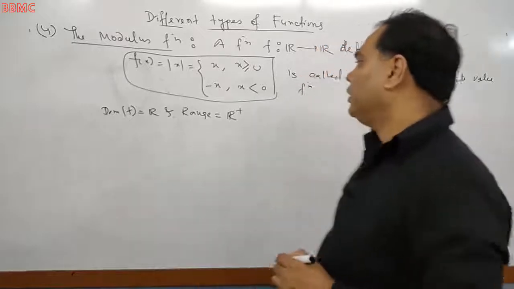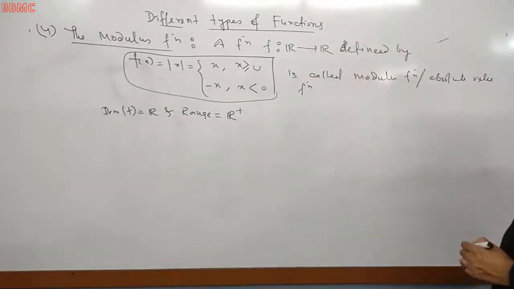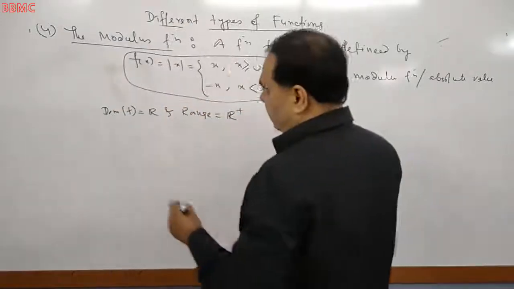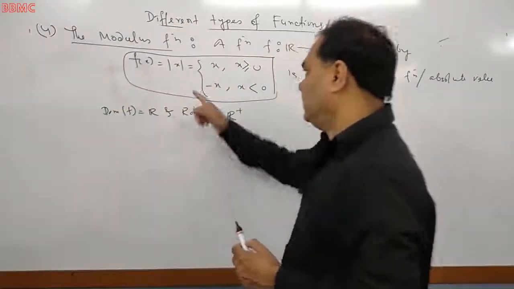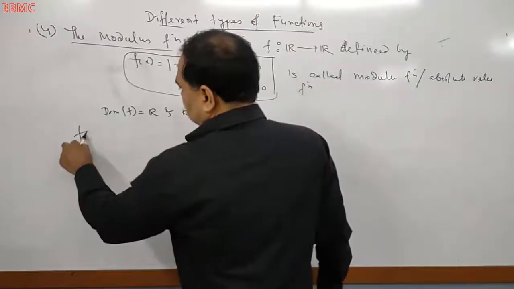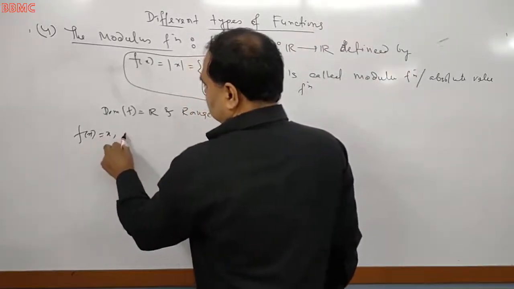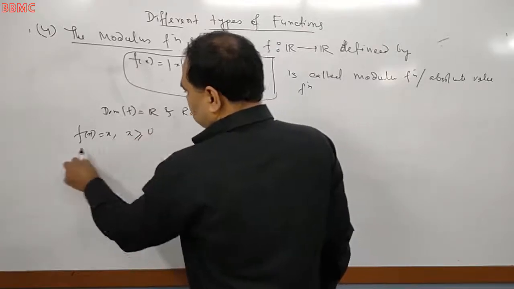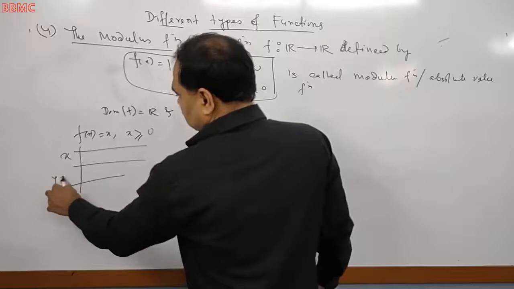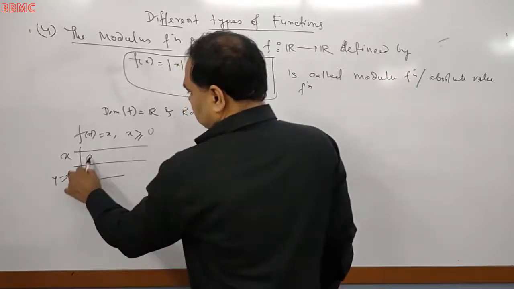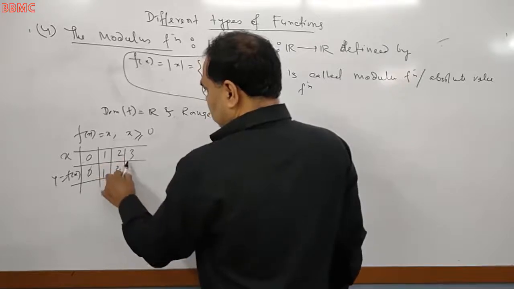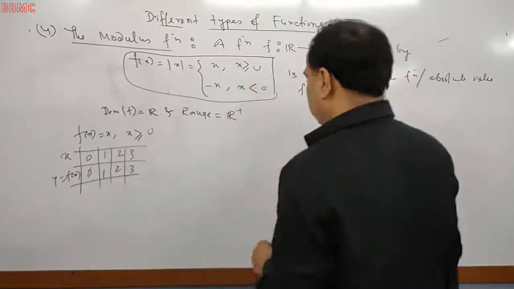So now I will draw the graph of a modulus function. Here are the two lines. f(x) is equal to x when x is greater or equal than 0. What will be its values? x, y equal to f(x): 0, 0; 1, 1; 2, 2; 3, 3, like that.